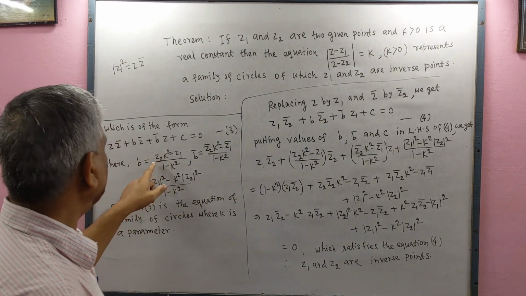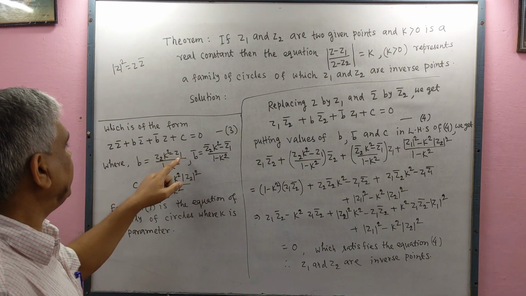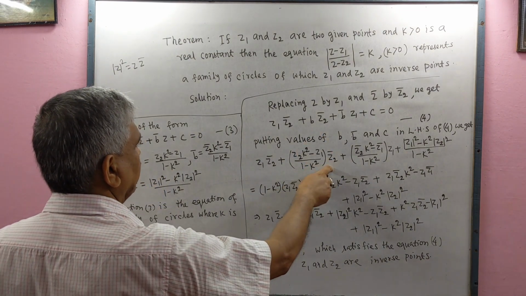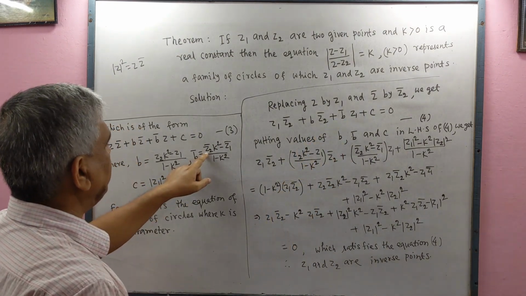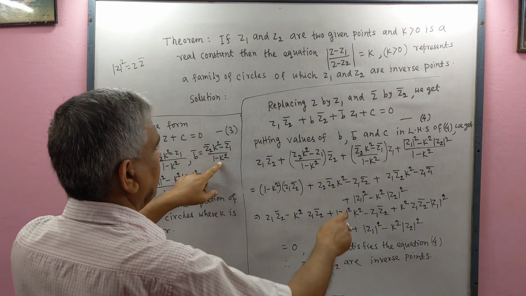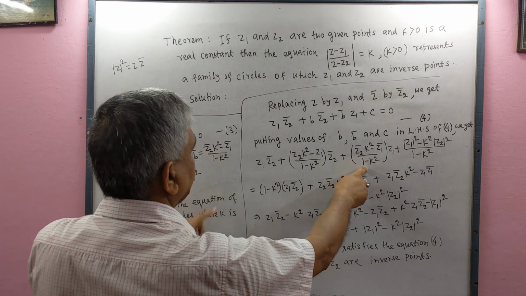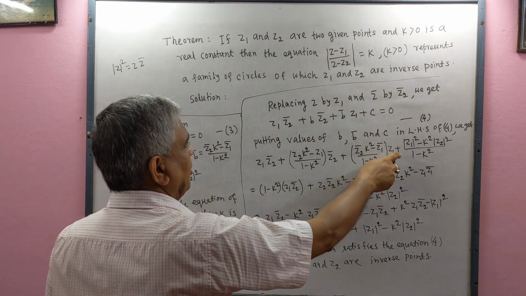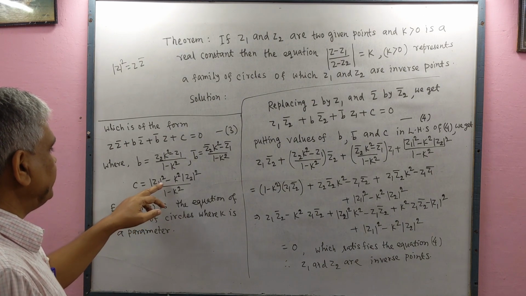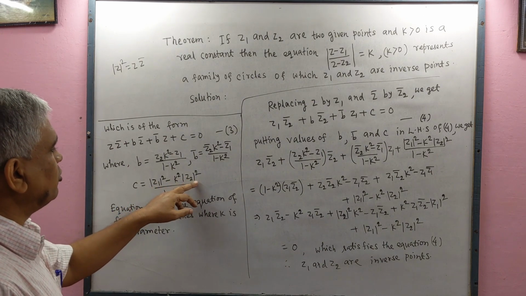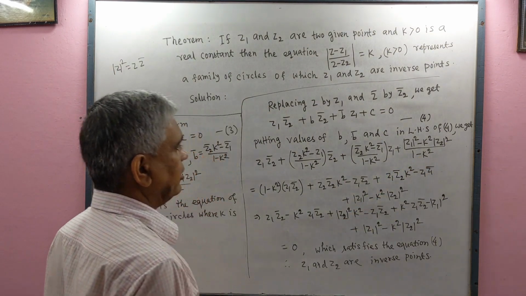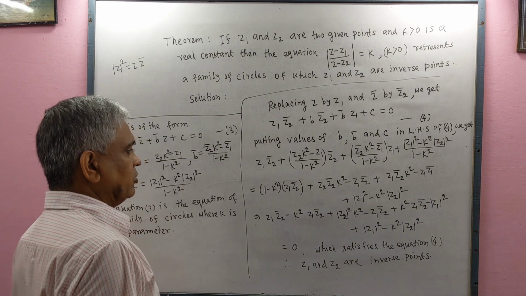Value of B is Z2 k square minus Z1 by 1 minus k square, Z2 bar. B bar is Z2 bar k square minus Z1 bar by 1 minus k square, Z1, plus C. C is modulus of Z1 square minus k square modulus of Z2 square by 1 minus k square. Here we have given these values.